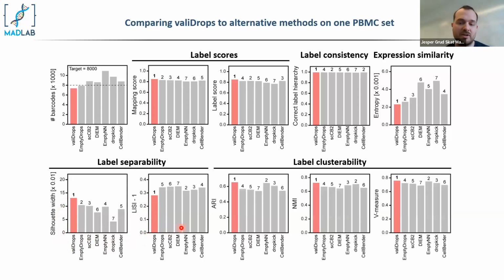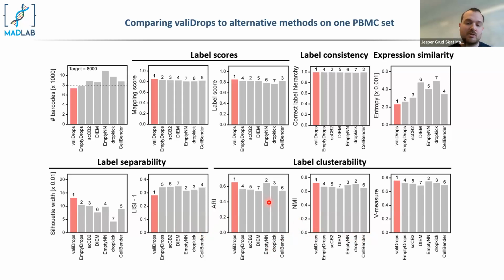Finally, we look at clustering, or what we have termed clusterability. So how easy is it to separate the cell types using clustering? And here we're using RI again, and we're using NMI as well, and V-measure. And we see across all of these metrics that valiDrops is outperforming the other tools.